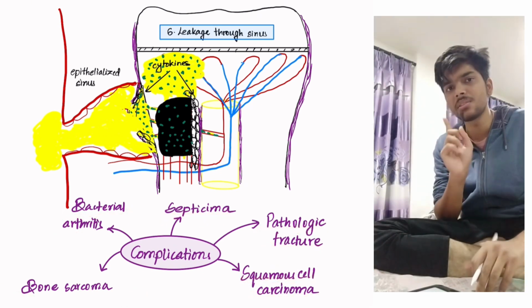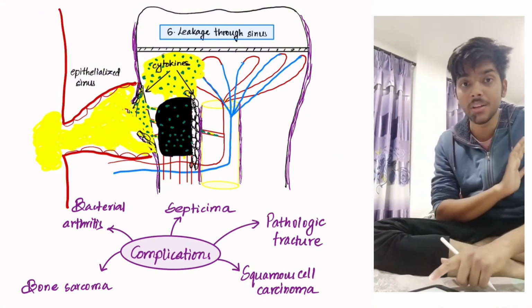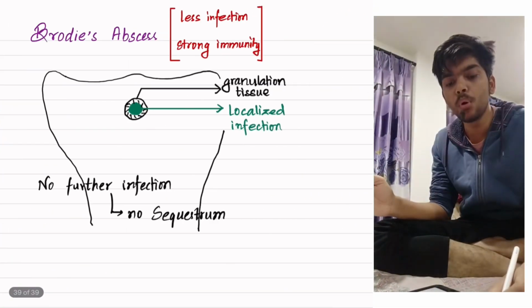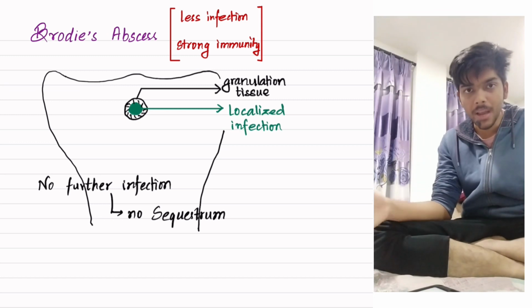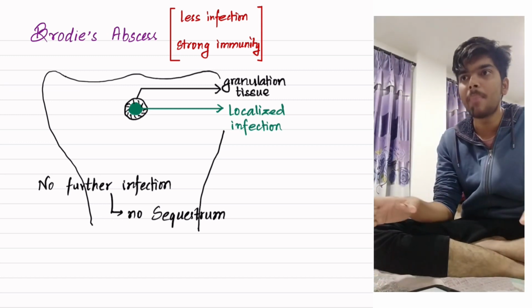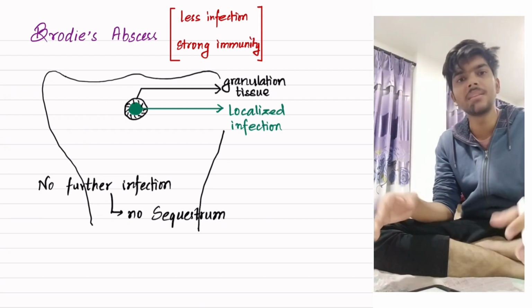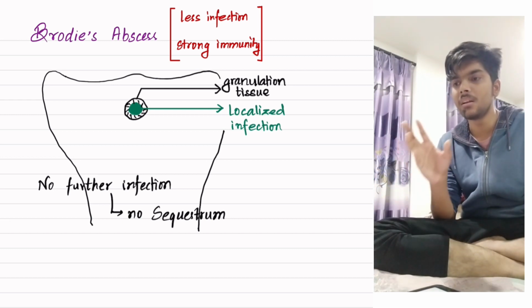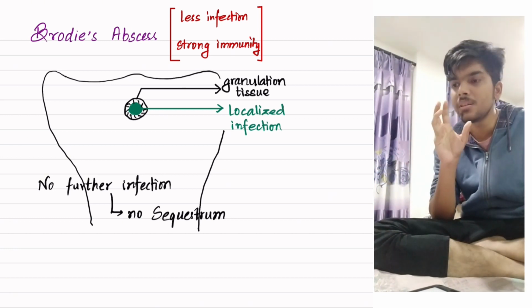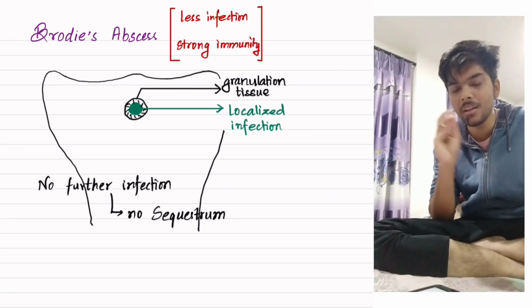There's one last term that you need to know and then the lecture is over, and that is Brodie's abscess. Sometimes what happens is that the bacterial infection is not that severe, that is, it's short ranged or there are only a few bacteria infecting the bone.